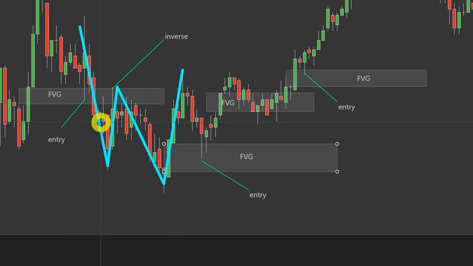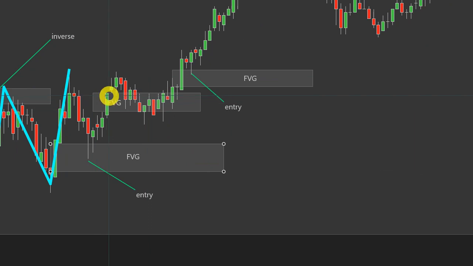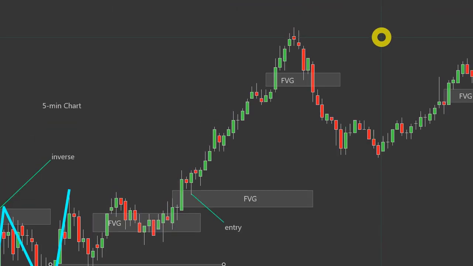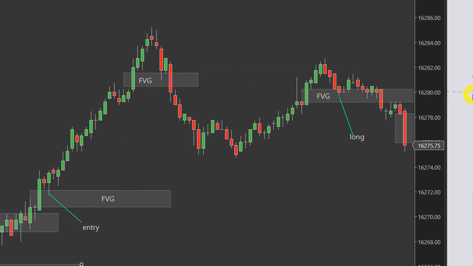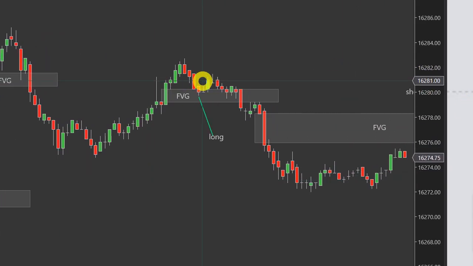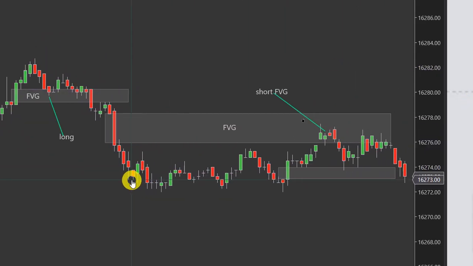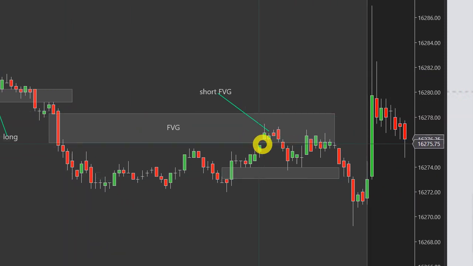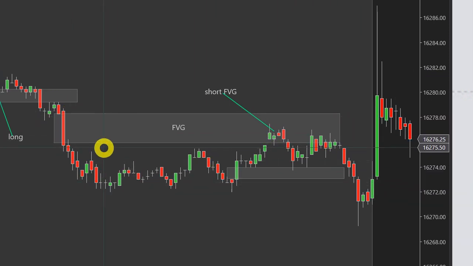Okay, bell opens up, it sweeps to the bottom, disconnects, displaces, creates a fair value gap, tests, and that's a good entry. There's another fair value gap right there that is working. There's one right there that works, and this one fails. This one doesn't go anywhere, and then we get a short opportunity towards the end of the day, just using fair value gaps.